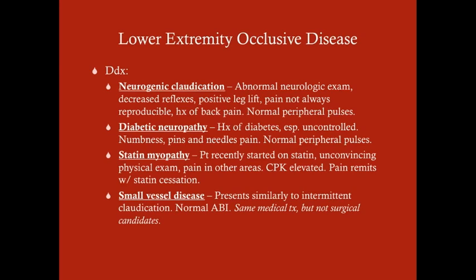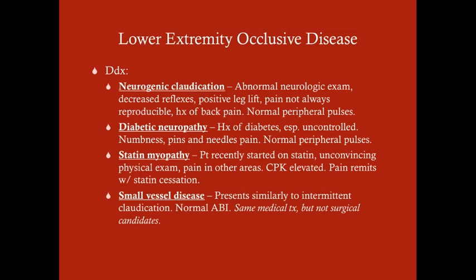So when you look at their limb, you're not going to see the hair loss, you're not going to see the paleness, and patients with statin myopathy will also have pain usually in other areas in addition to their lower extremity. If you get a CPK, it will be elevated, and the pain will remit with statin cessation.